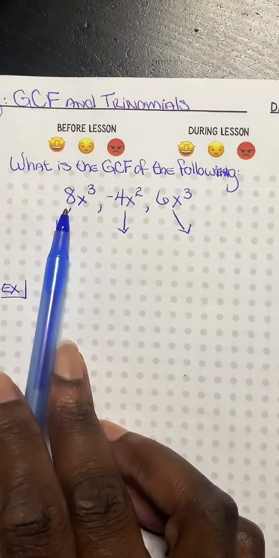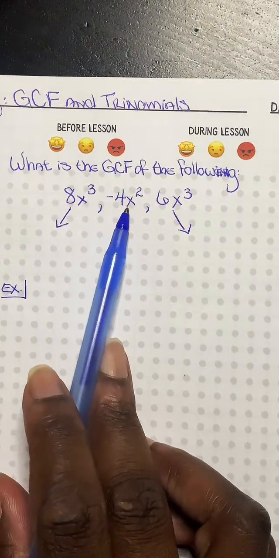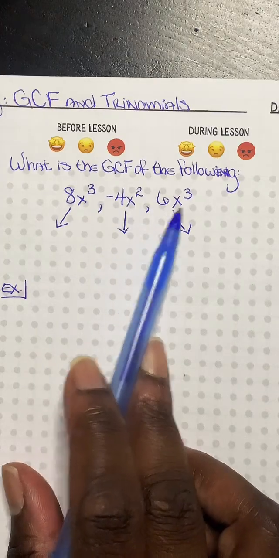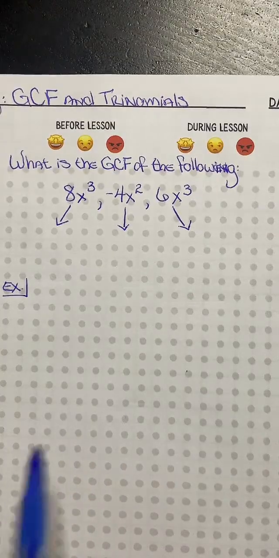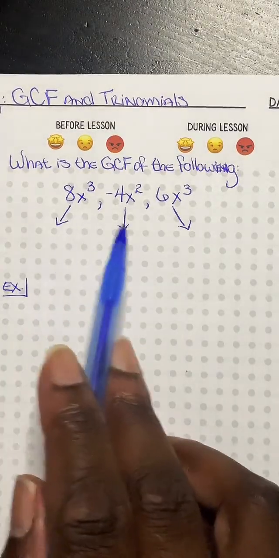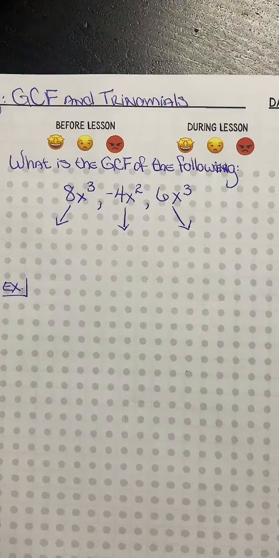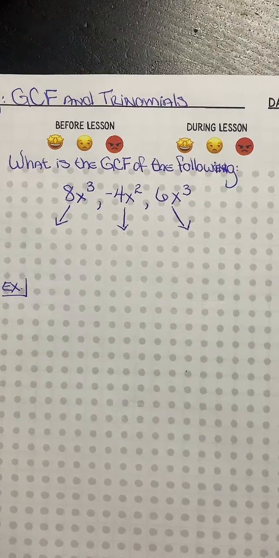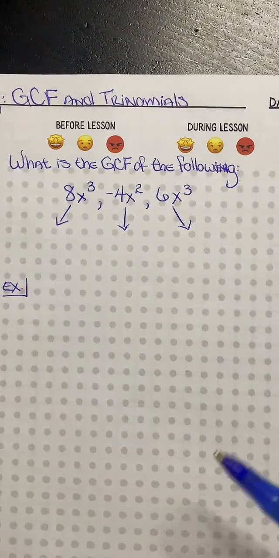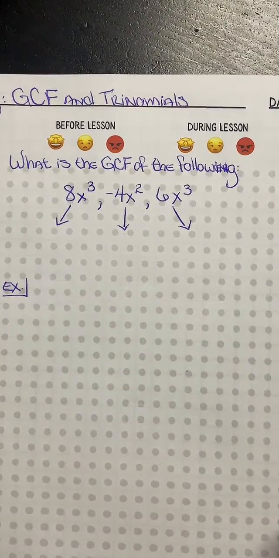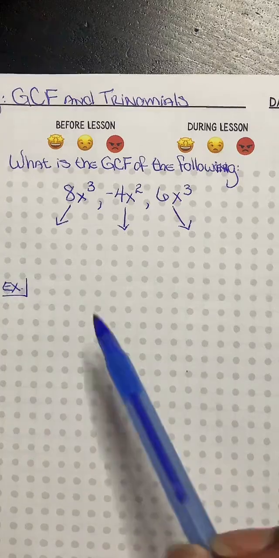I have 8x cubed, negative 4x squared, and 6x cubed. Now, I want to know, what do they all have in common? I know right off the bat, a lot of you will say 8, 4, and 6 are all multiples of 2.